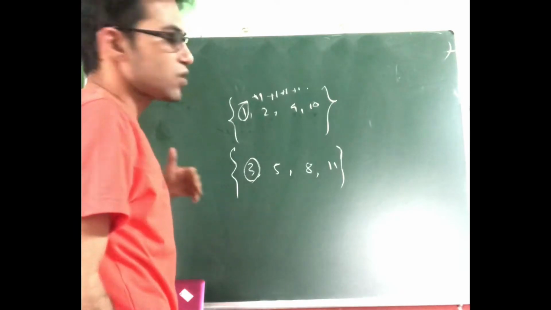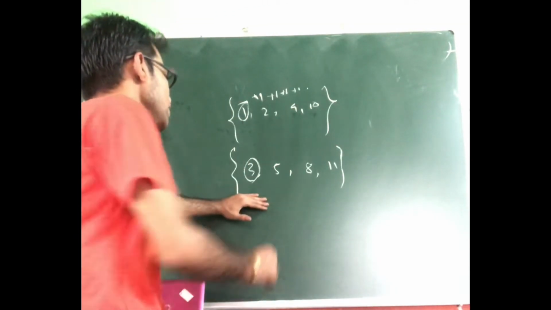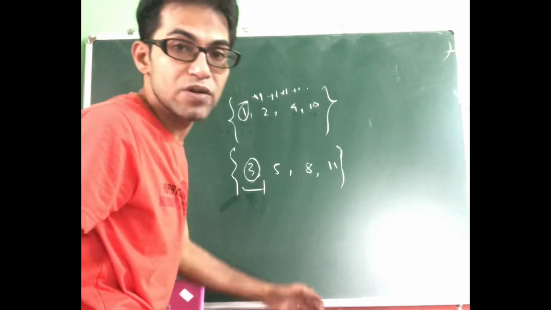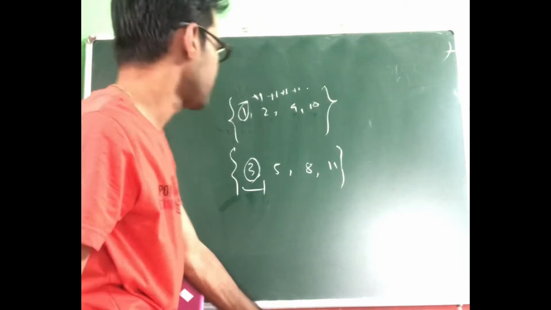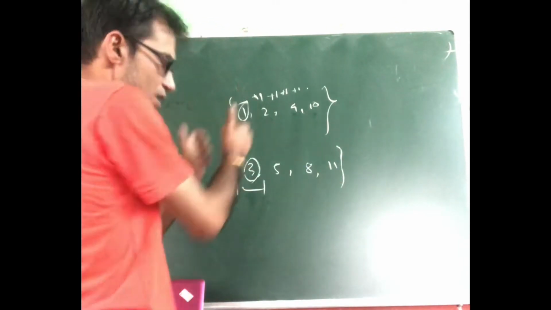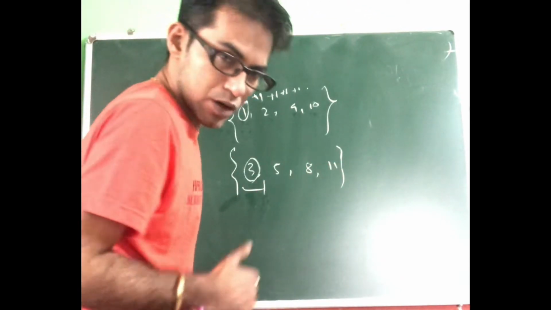So what I mean to say is, if I have a set of positive integers, and that set has a least element, from the least element I can generate all other elements. How this particular concept is related to mathematical induction, we'll try to see that.